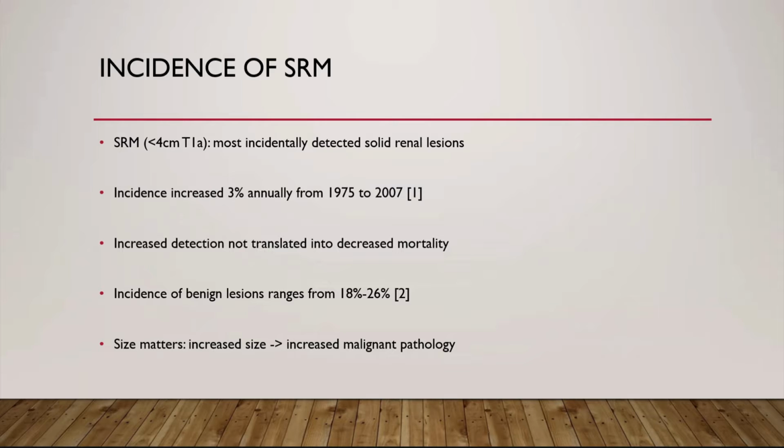So it's important to remember, I've put a little stat up here, reference number 2, that almost a quarter of small renal masses are actually benign on histological review after we've removed them. And as we all know, size matters. So we know that the bigger it is, the higher the chance there is of it being malignant as well.